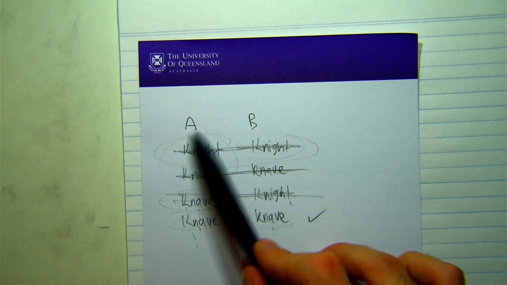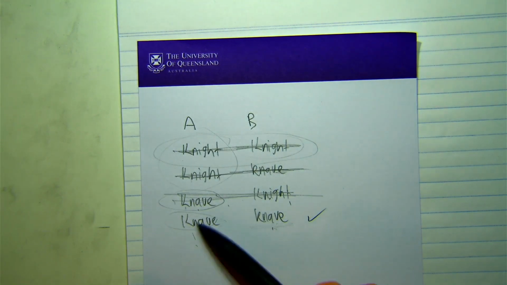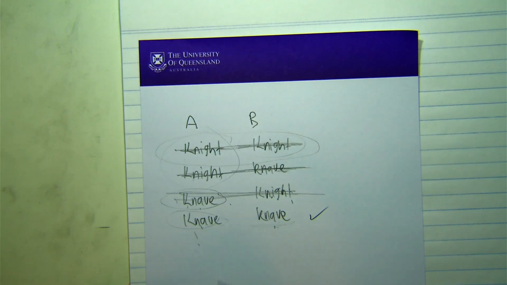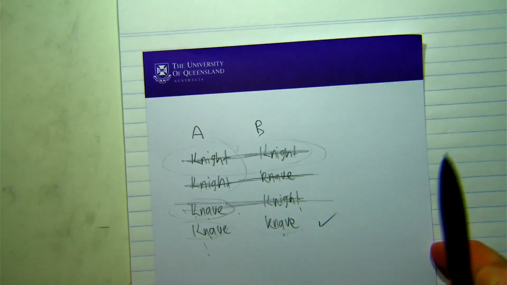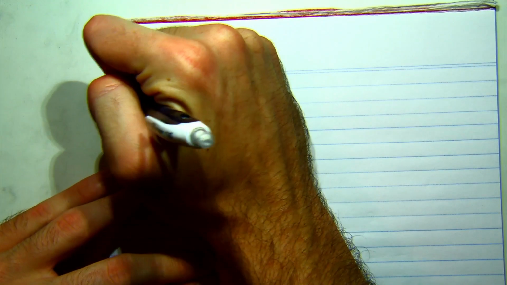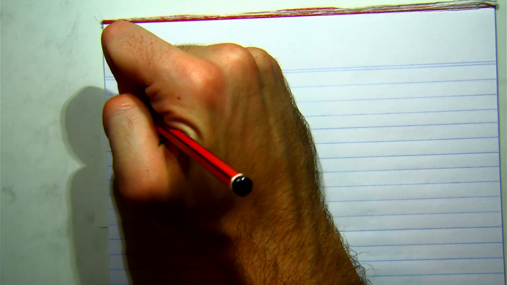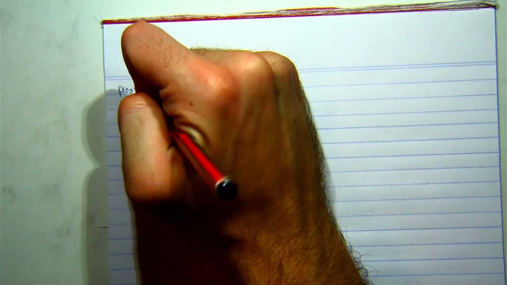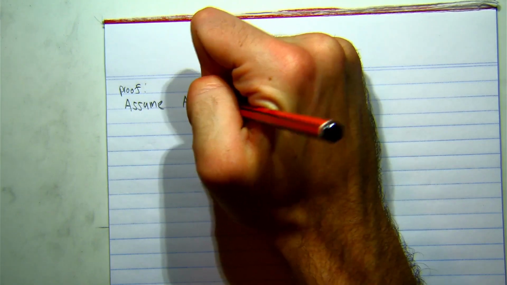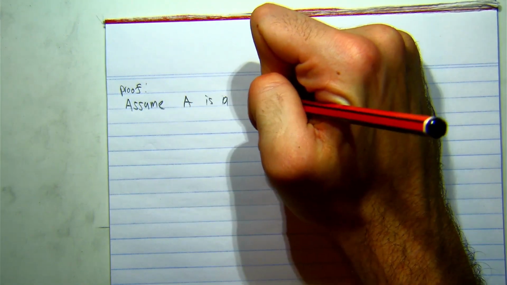So let's do a proof by contradiction that A is a knave by first assuming that it's a knight and proving otherwise. And that will be the first step of our proof. So proof. Assume A is a knight.